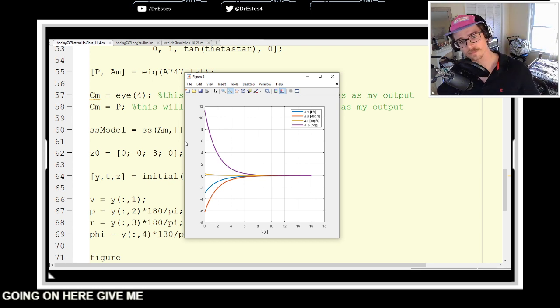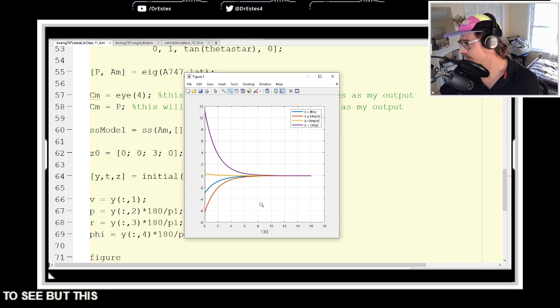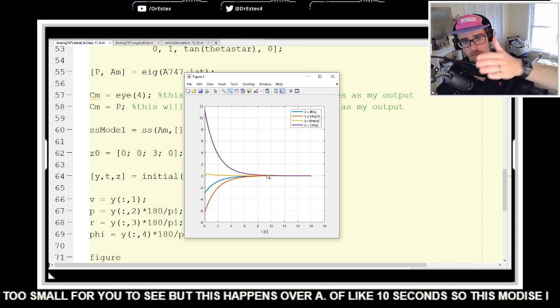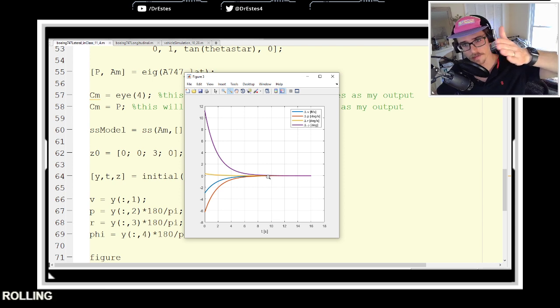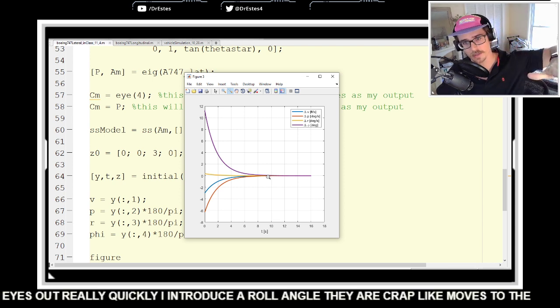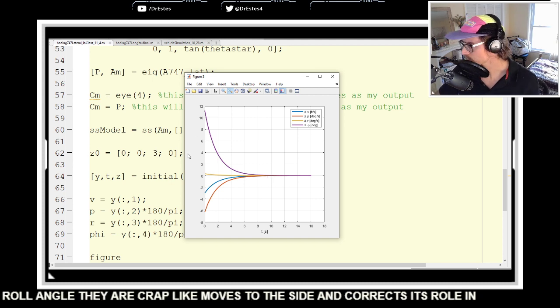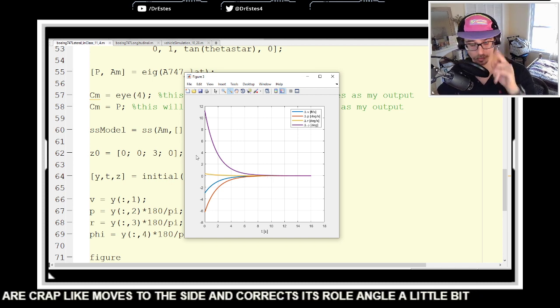This is probably too small for you to see, but this happens over a period of like 10 seconds, so this mode dies out really quickly. I introduce a roll angle, and the aircraft moves to the side and corrects its roll angle a little bit. So it's a stable roll mode.